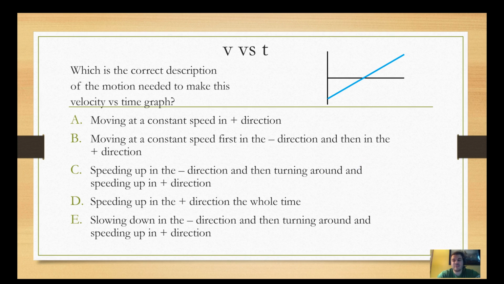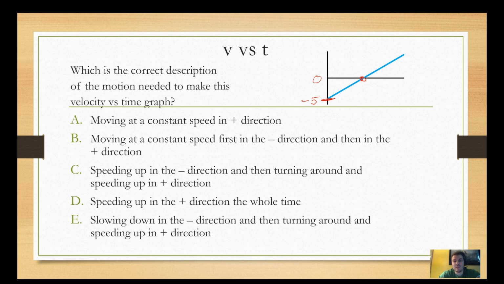Now for this graph, which is a really important graph because it puts multiple pieces together. What is the correct description for this graph? Talking about moving at a constant speed for A and B would be a mistake. That would be if you're thinking about a position versus time graph. I can't have a constant speed because I start at some negative value. Let's say it's -5, and I'm going towards a value of 0 for my velocity.